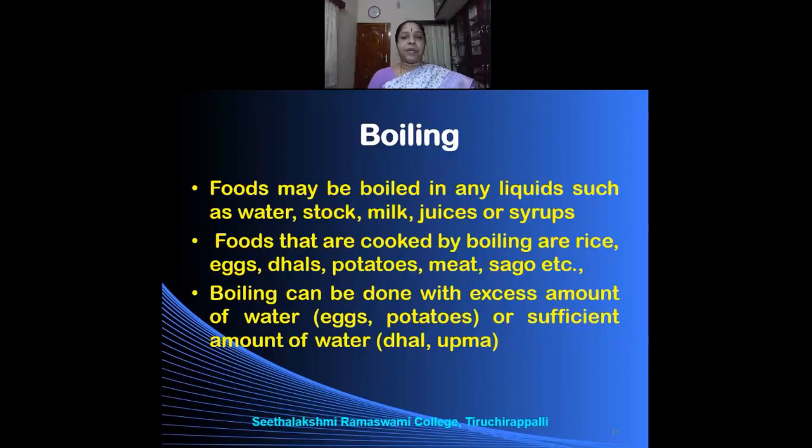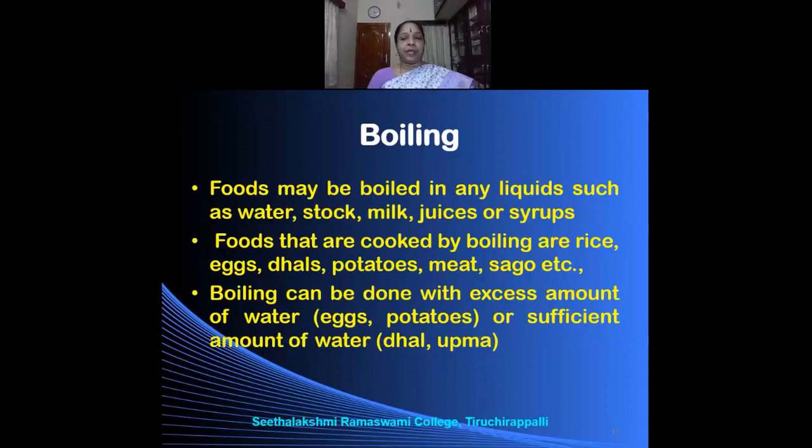Or milk can be used in various preparations. Juice or syrups can also be used in which food can be cooked. Foods that are cooked by boiling are usually rice, egg, dal, vegetables including potatoes, meat and sago. Sago is javvarisi, which we use in the preparation of kheer and payasam.